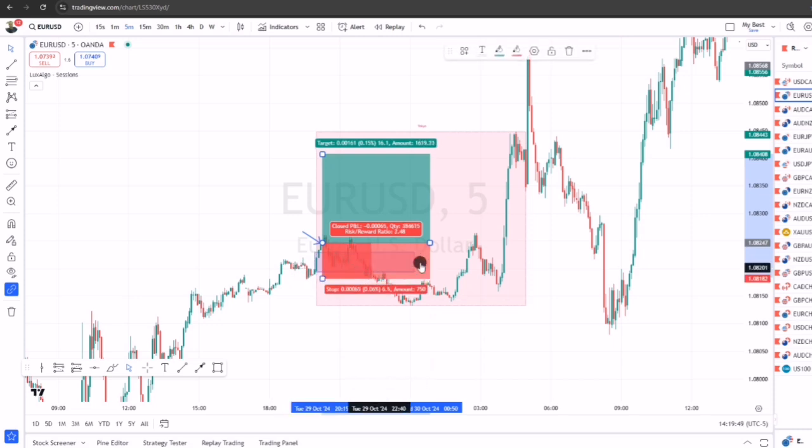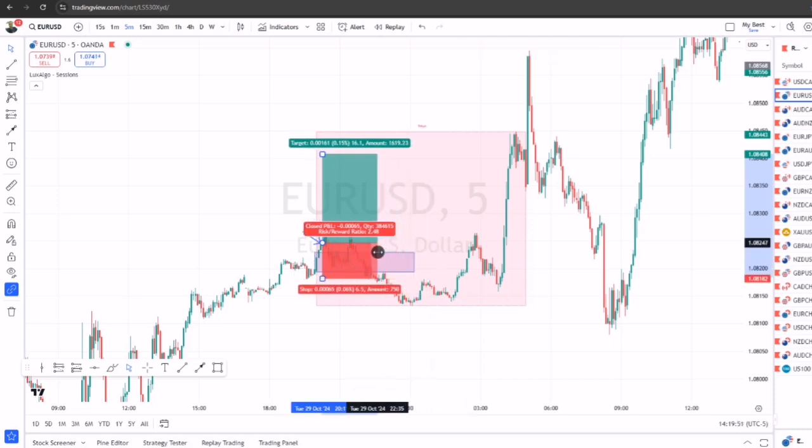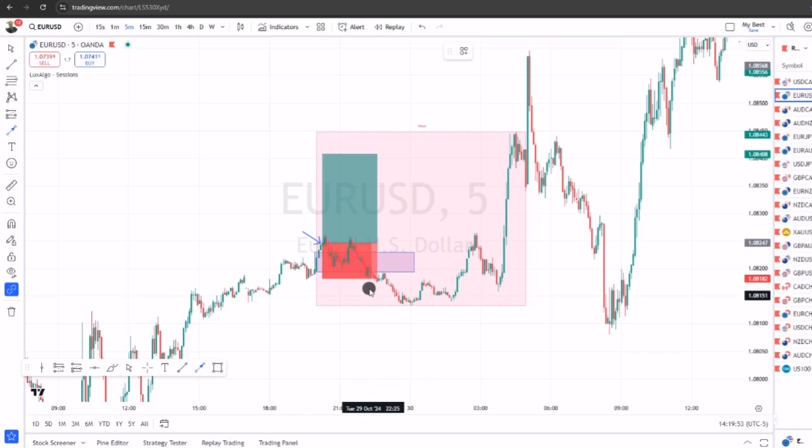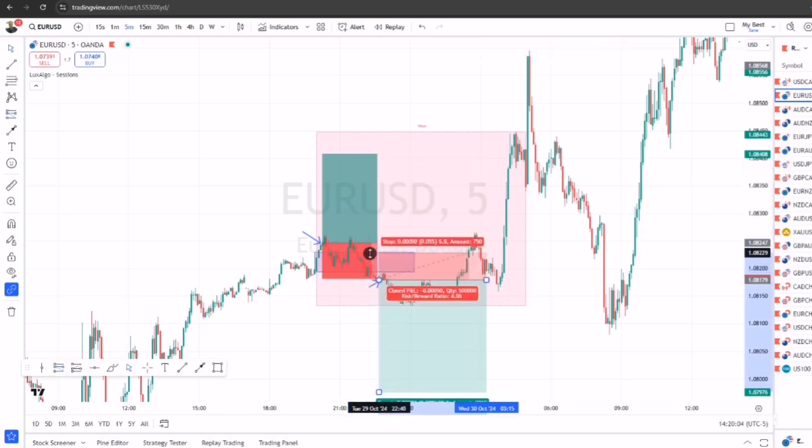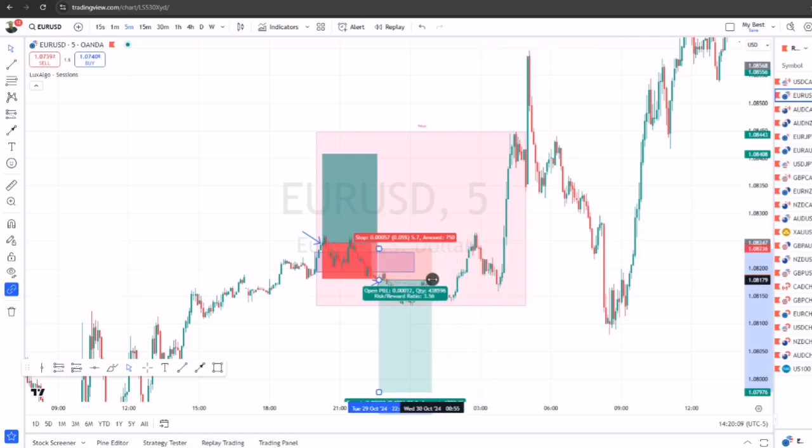After buying, it comes to take you out there, okay? And since it's still within the Tokyo session, you sell, okay? You sell, you put your stop loss there, and then it moves into profits.